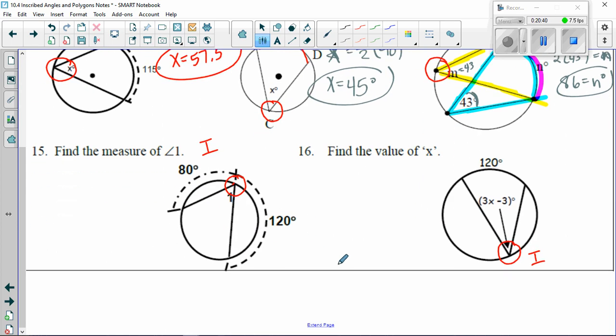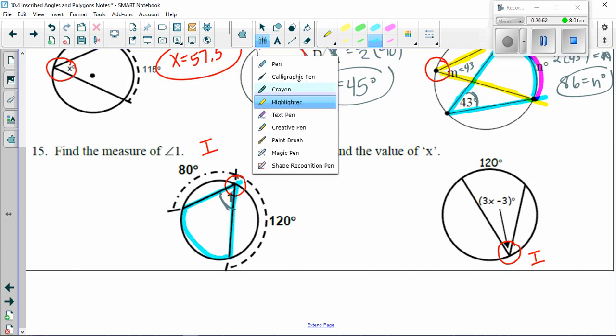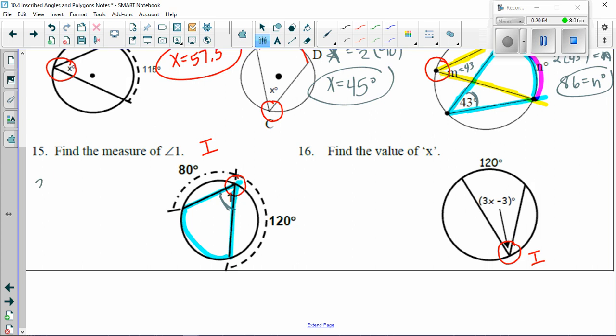Right here, they want me to find this angle, but this angle uses this arc, and I don't know that arc. But what I do know is that there's 360 degrees in a circle, and I have 120 and 80.